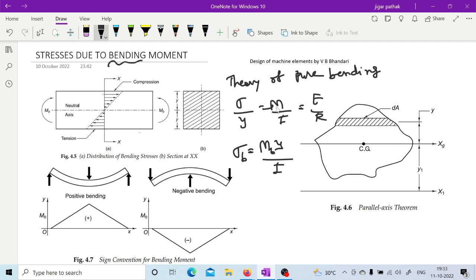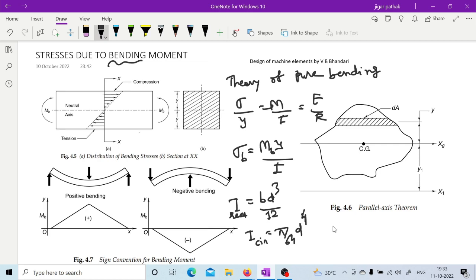Here I is the area moment of inertia. For some shapes, like a rectangle, it is bd cubed by 12. For a circle, it is directly pi by 64 d raised to 4.